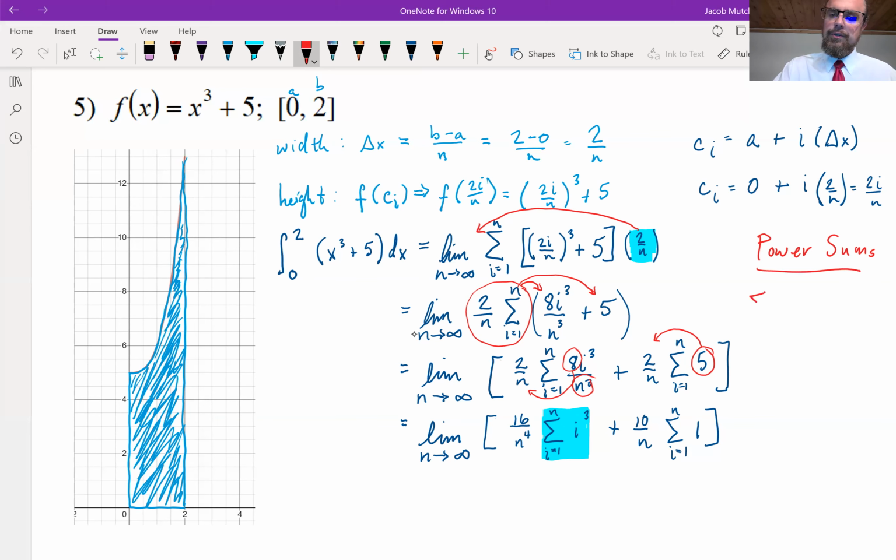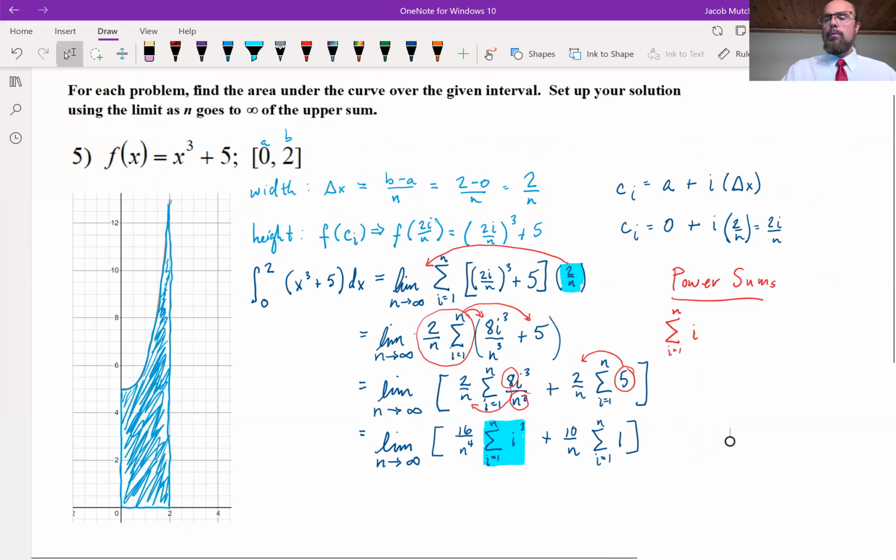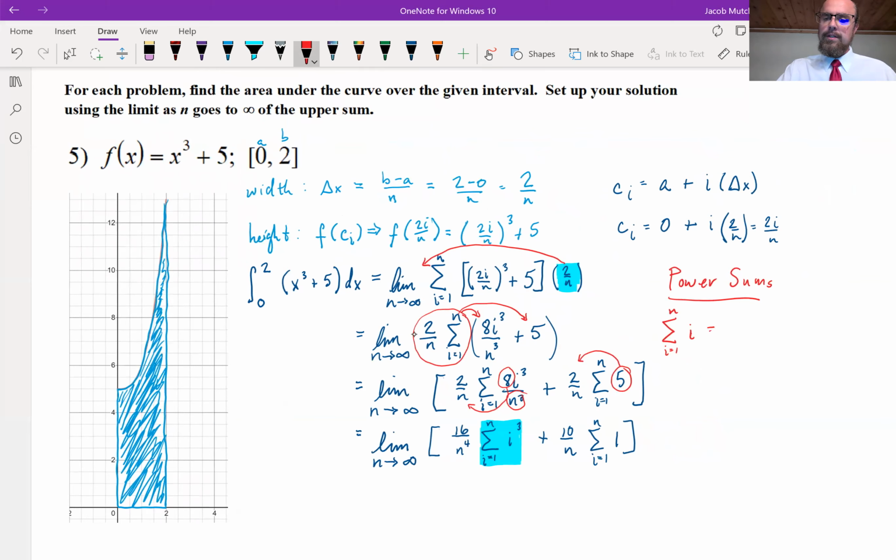So let's just consider that summation from i equals 1 to n of simply i to the first power. So the rule that we can use for that one is given by this expression. It's a fraction, n times n plus 1, all divided by 2. So that's not one we'll need.